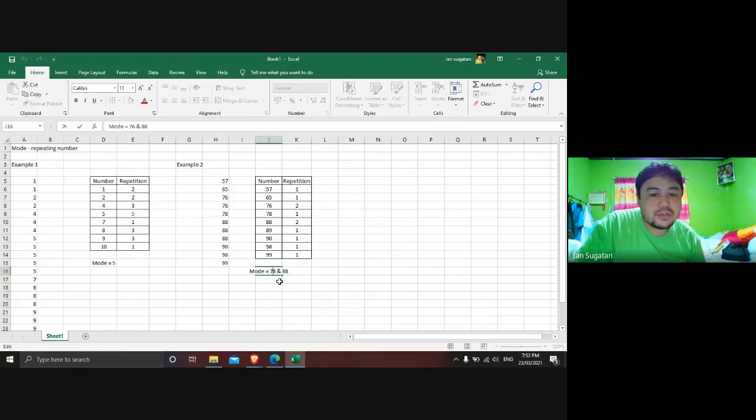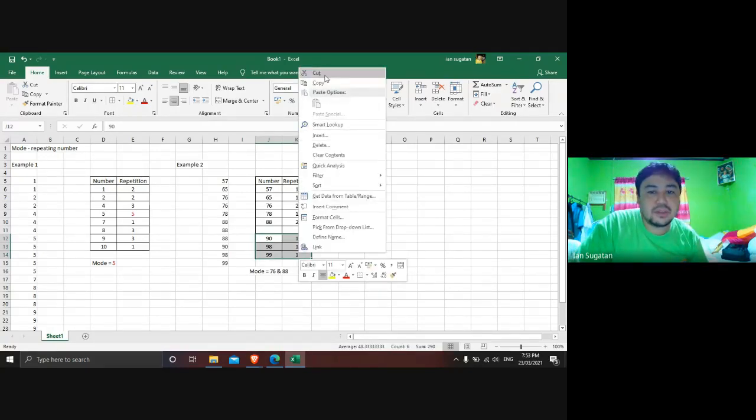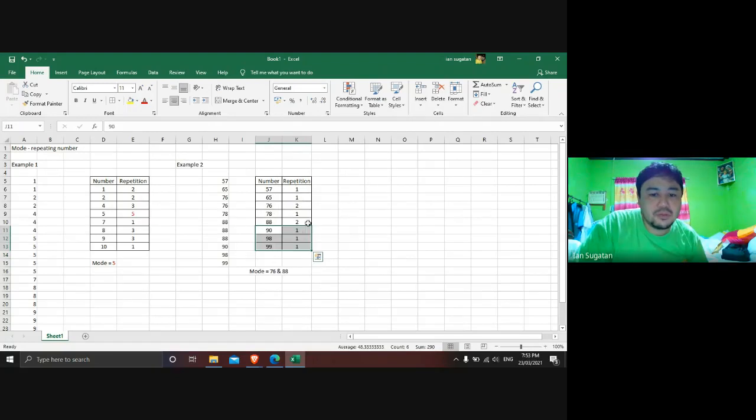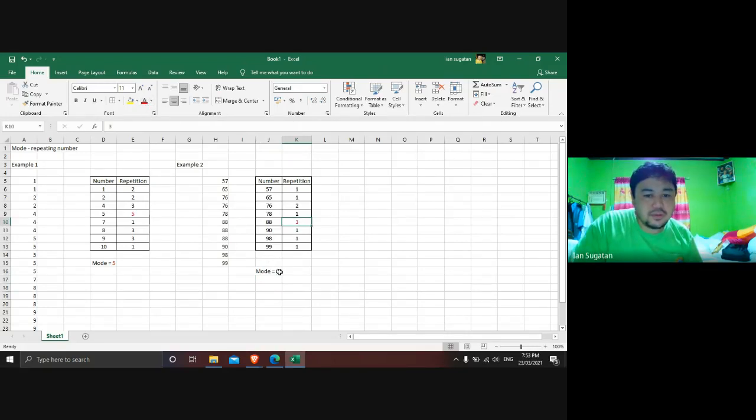So therefore, 88 has three. 89 is gone, delete. Delete 99 too. It's gone. So let's cut it and paste it above. Since 88 has three, the mode will be 88. So the mode is automatically 88, because it has more than 76. And then our mode will supposedly be 88.